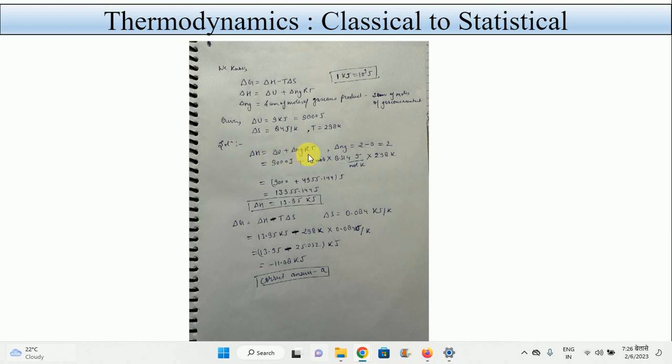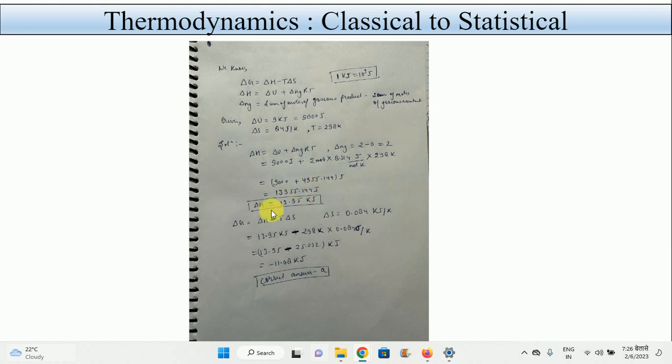The solution is delta H equal to delta U plus delta NG RT, where delta NG is equal to 2. By putting in all these values, we get the answer. Delta U is 9000 joule plus delta NG 2 times R, the gas constant, 8.314 joule per Kelvin per mole, times the temperature 298 Kelvin.